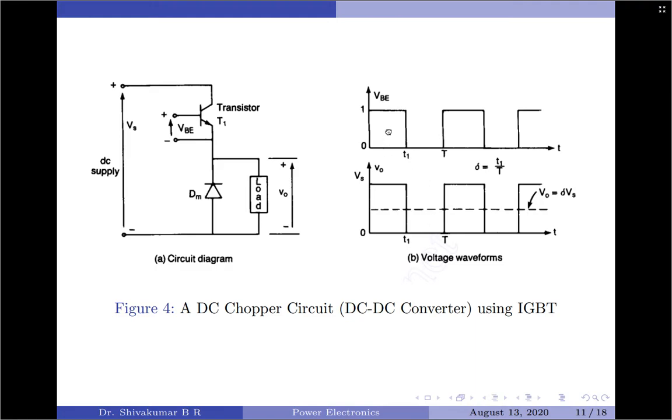So whenever the base voltage is given to the transistor, output appears, otherwise the output doesn't appear. Now you can vary the width of the base pulse between 0 to T1 to obtain different values of average output voltage across the load. So now we have converted a continuous DC voltage to a pulsating DC.